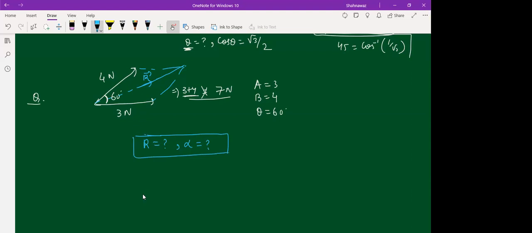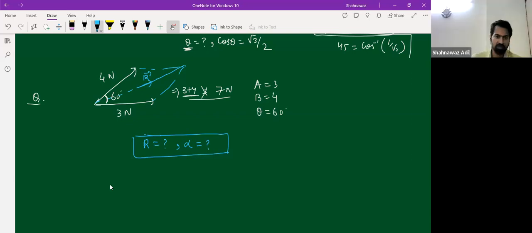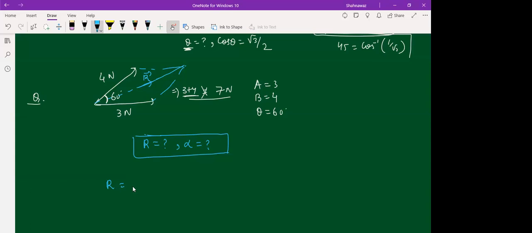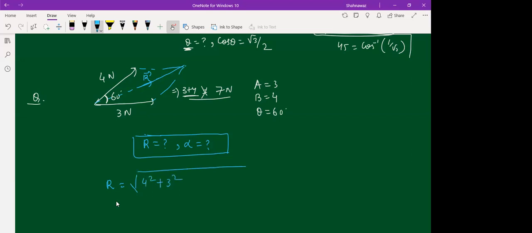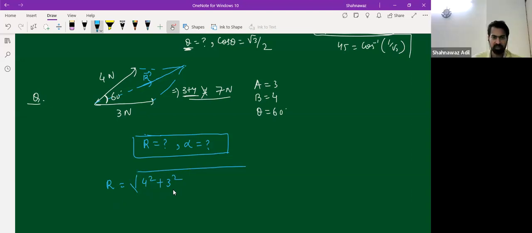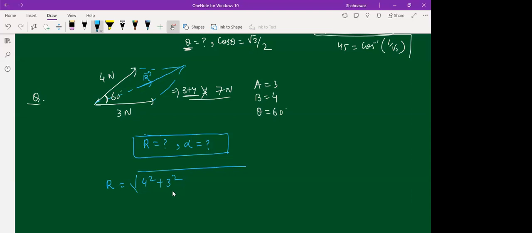So Rishita, tell me what would be R? R is the root of 4 square plus 3 square, plus 2 into 3 into 4 cos theta.